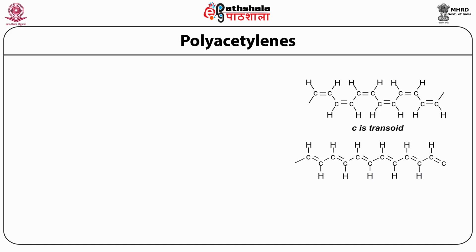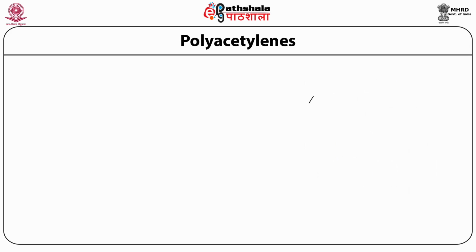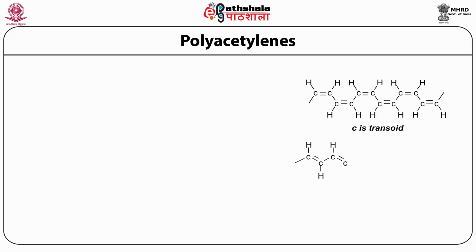Today, one can make devices based on conducting polymers which range from displays, transistors, solar cells, batteries, and sensors.